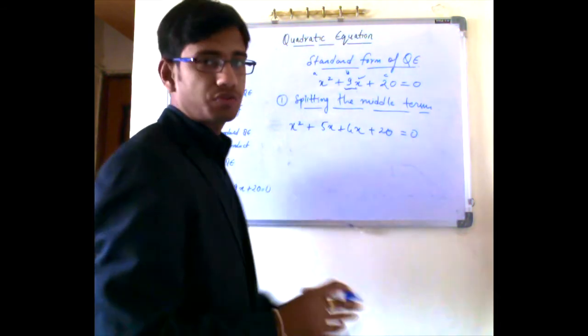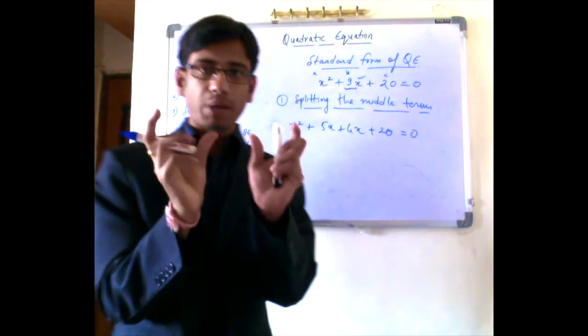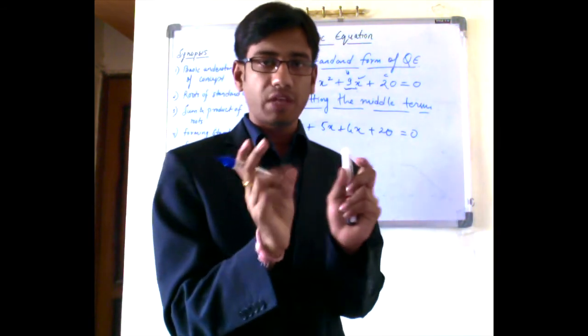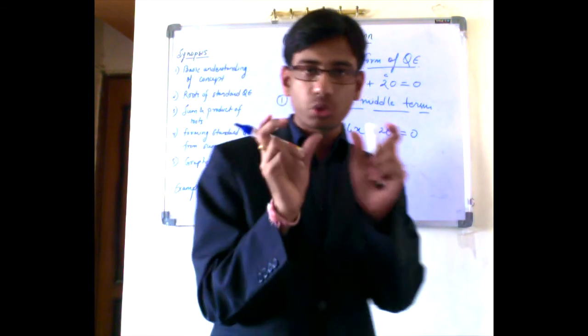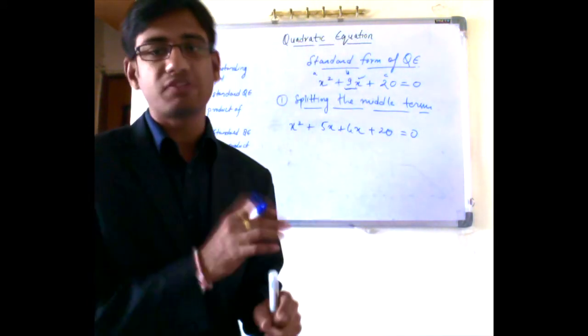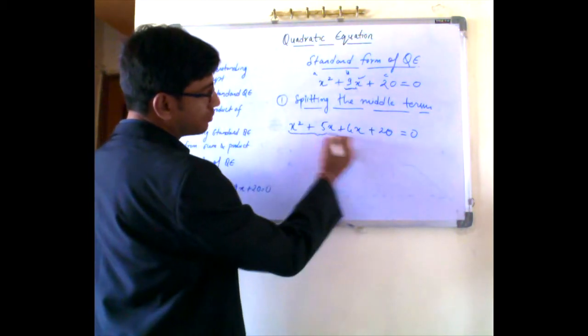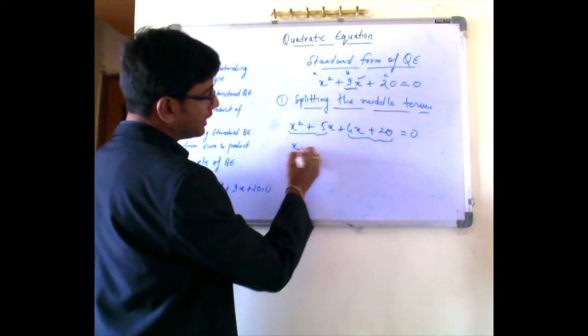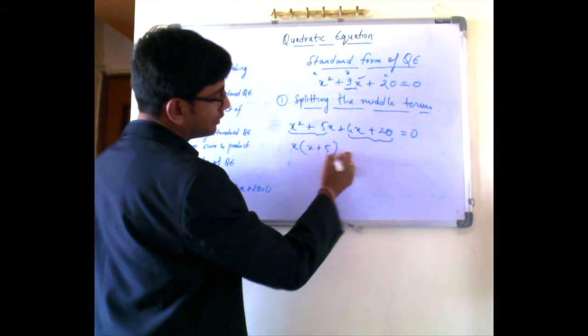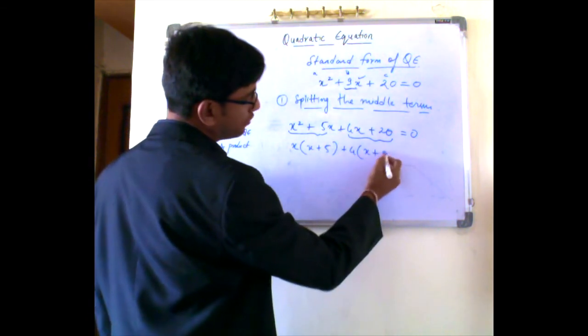What's the use of splitting this middle term? Guys, we need to combine two terms here, and once we combine this, we'll get two factors that will equate to 0, and that will give me my final roots value. So here I combine these two terms and these two terms. It gives me x common, x plus 5. Then I get 4 common, x plus 5.